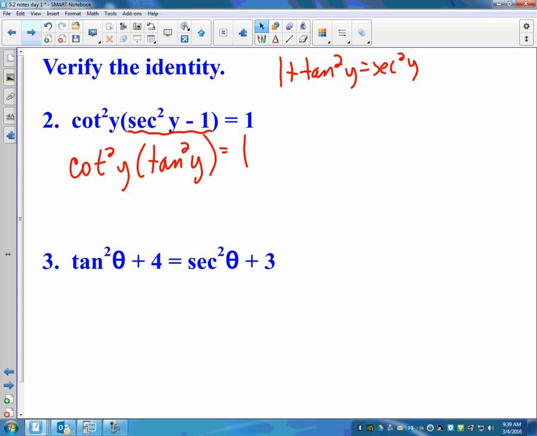The Pythagorean identity says 1 plus tangent squared equals secant squared. So if you subtract 1 over here, we're just doing substitution. We're saying that secant squared minus 1 equals tangent squared. So we're replacing all of that with what it equals.